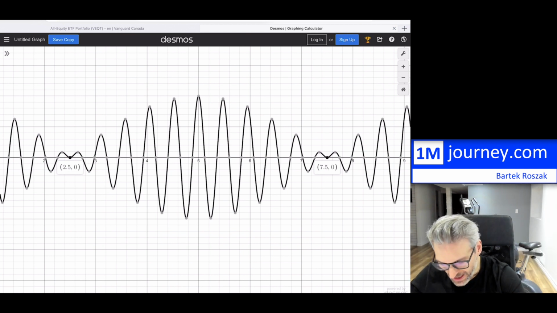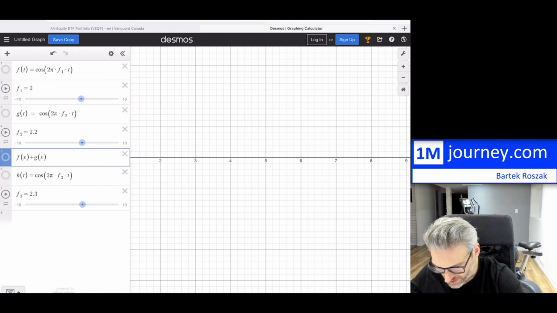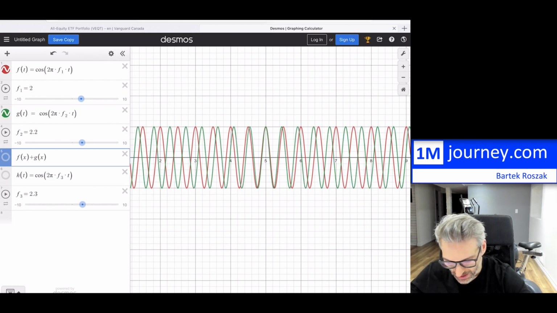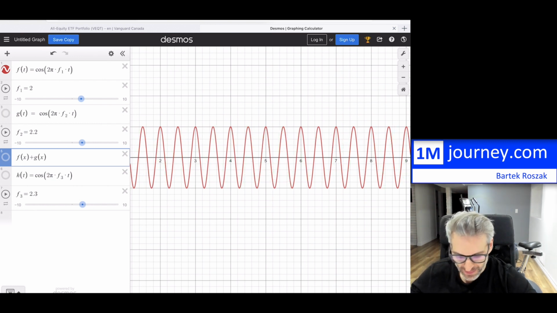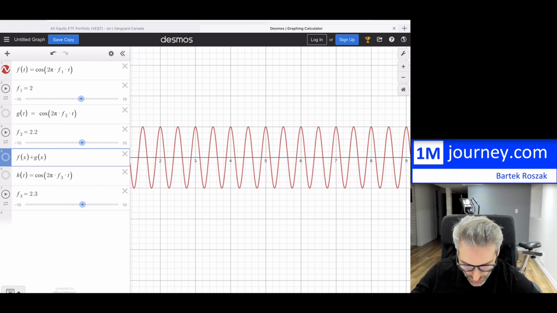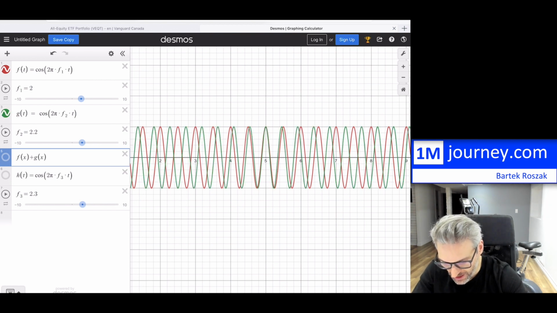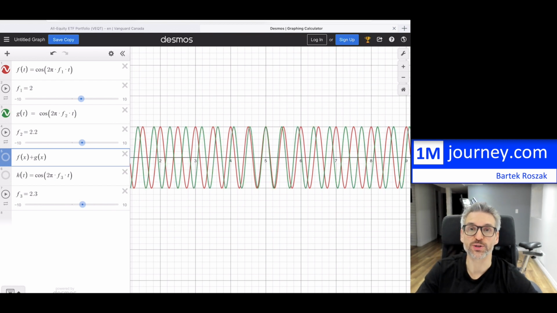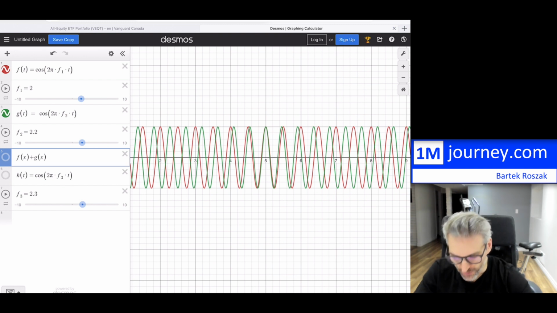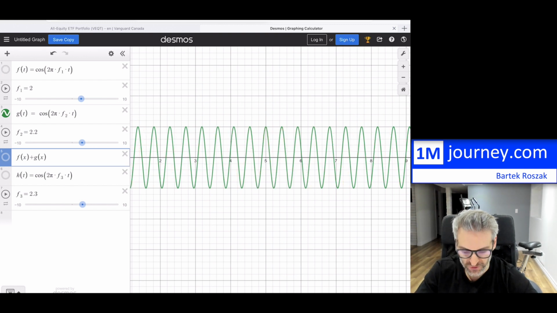Now, if I bring back, and I remove this, and take these two, and let's take one of them. The frequency of this, you can convince yourself by going through this as well and seeing it. The frequency of this red wave is actually 2 hertz. And the frequency of the green wave is 2.2 hertz. Of course, we can do this individually, we can zoom in here and check what that would be.